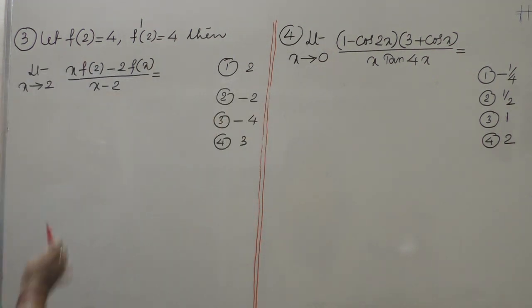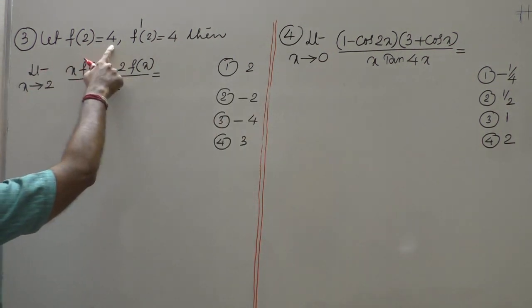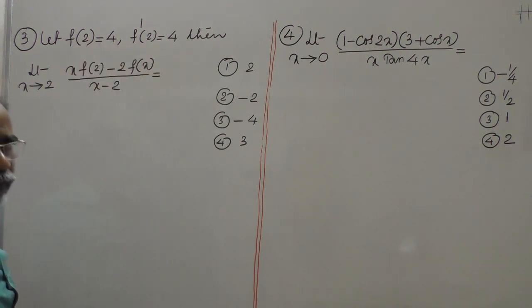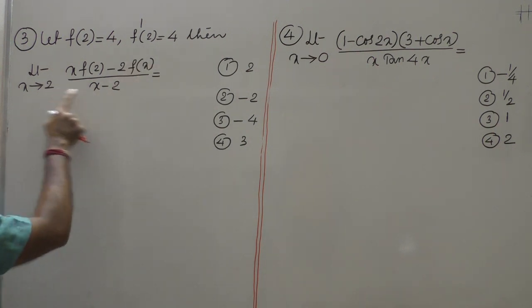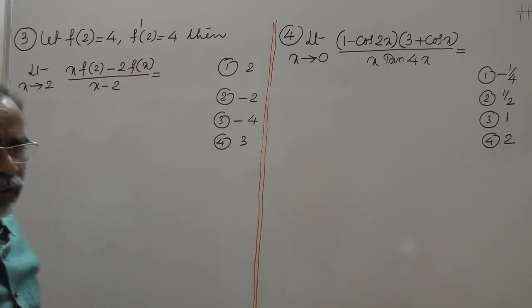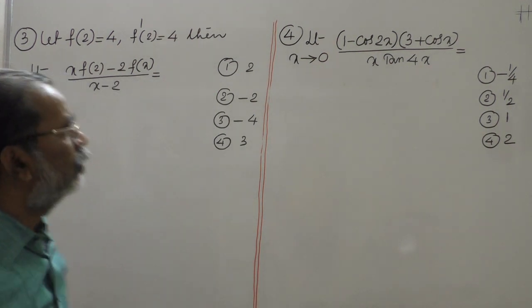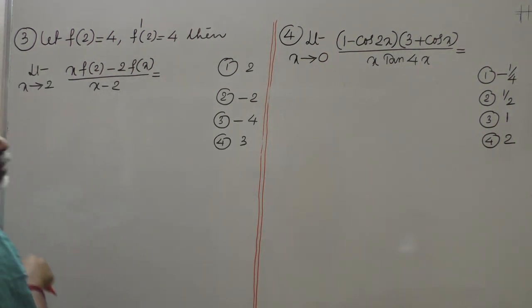Please see. f of 2 is given as 4. f dash of 2 is given as 4. f dash means derivative. Then what is this limit value? As I said, for every problem we should write the limit first, so I am writing the limit directly.